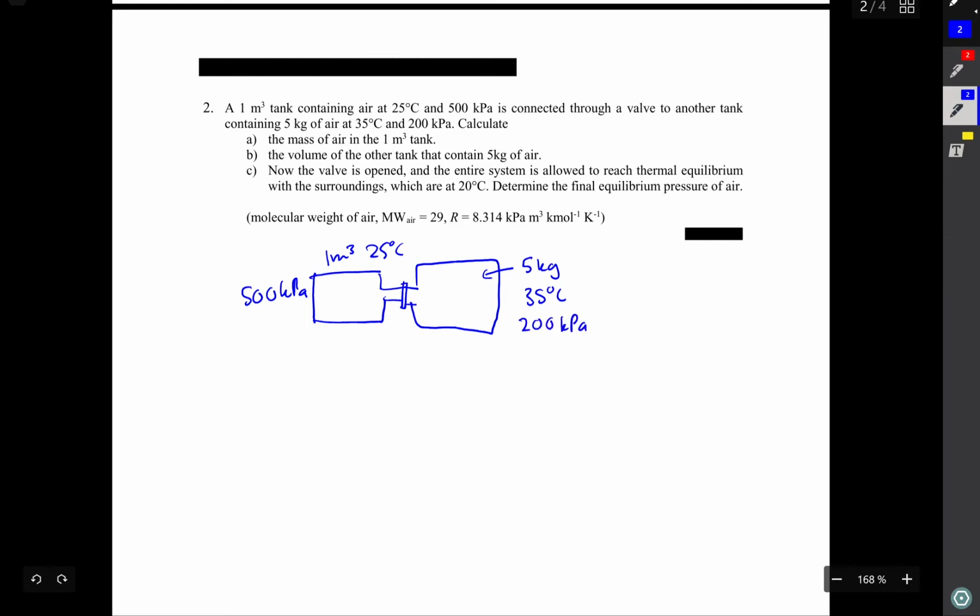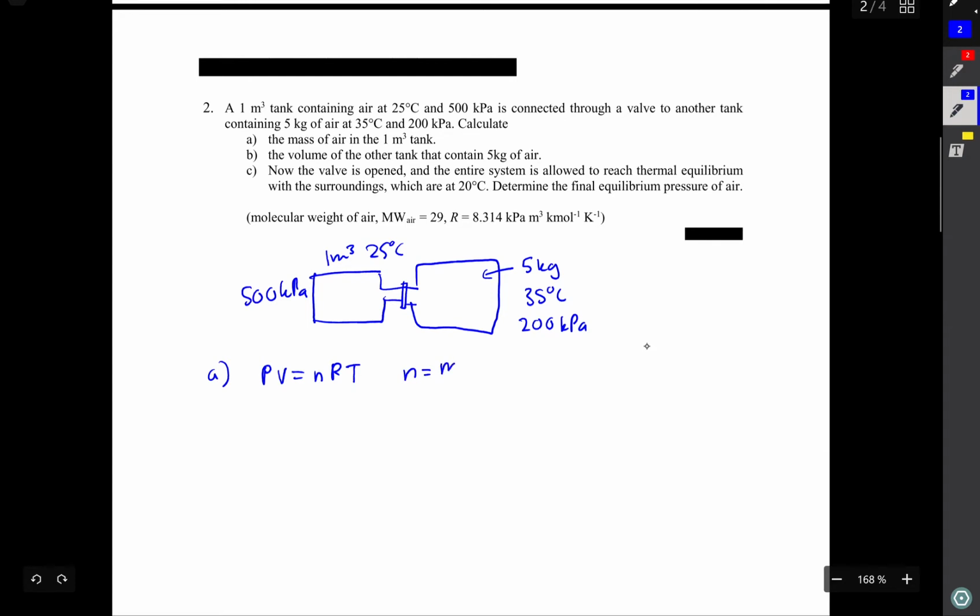Okay, so the first question asks the mass of air in the 1 meter cube tank. What we do is simply go directly to the ideal gas law. This is what you are very familiar with. The constant is also given there with the unit as well. We are concentrating on the mass, which is related to the mole.